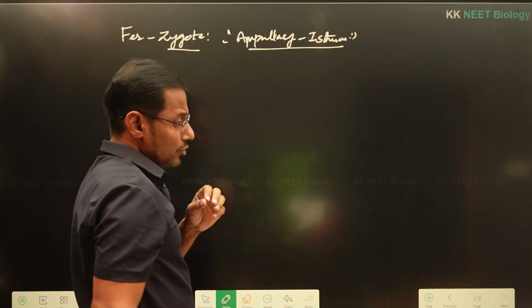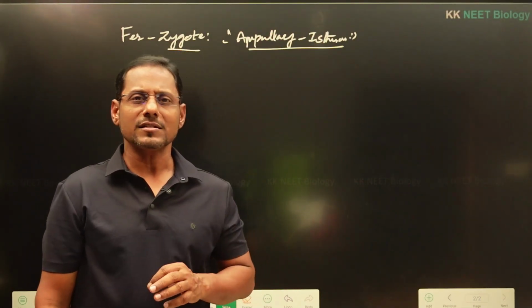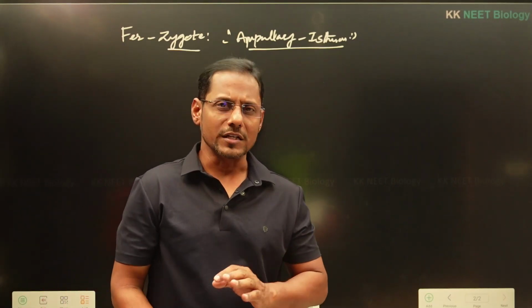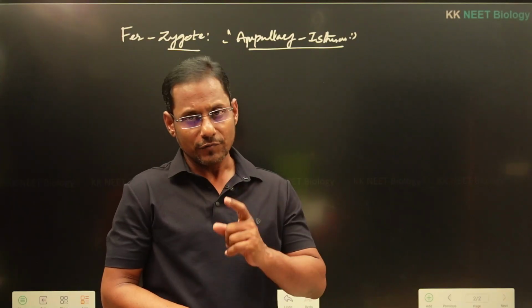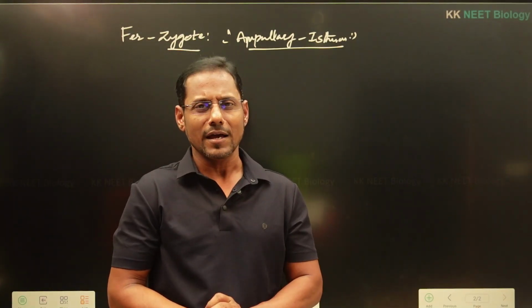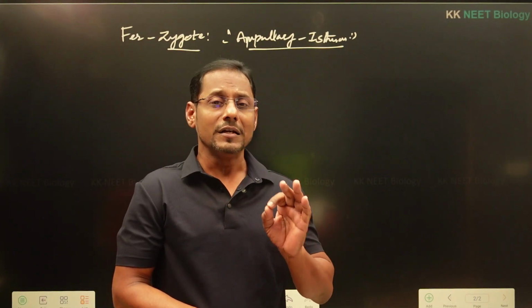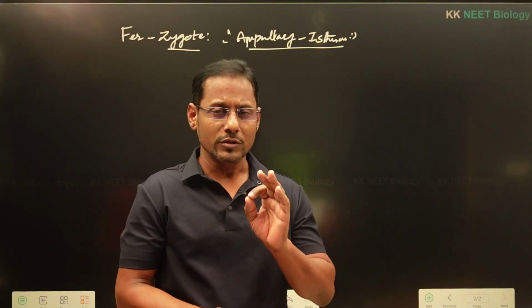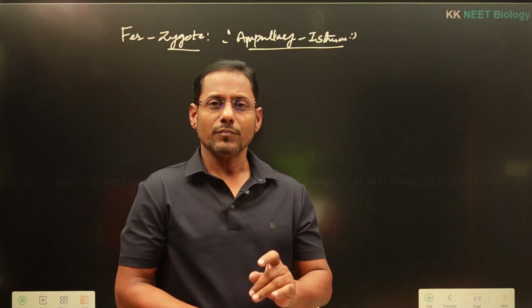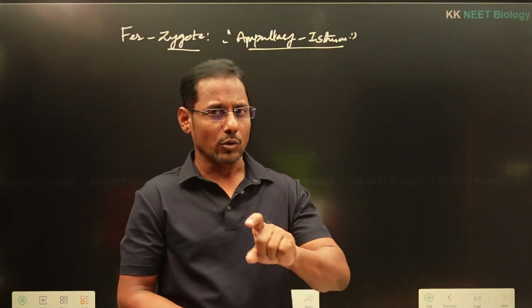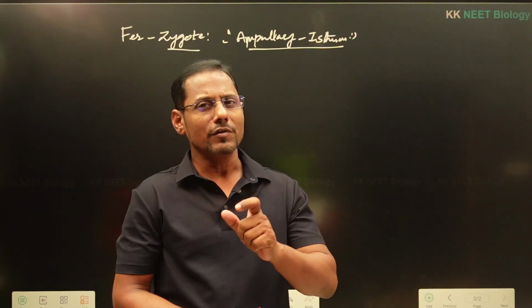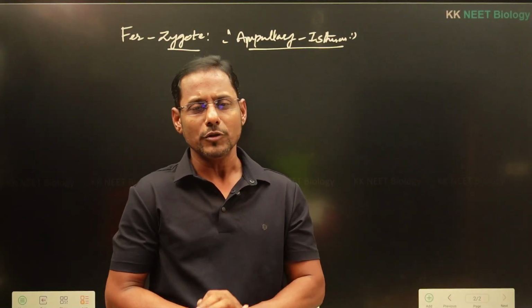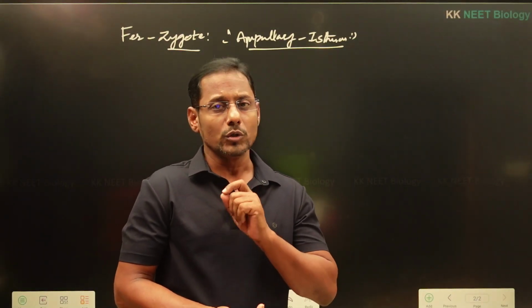In your textbook, it is given that the fertilization process takes place in the ampullary region of the fallopian tube. If a question is asked in the NEET examination with these both options, that is, the ampullary isthmus junction and the ampullary region of the fallopian tube, which would you take?